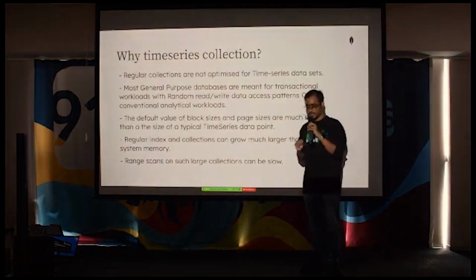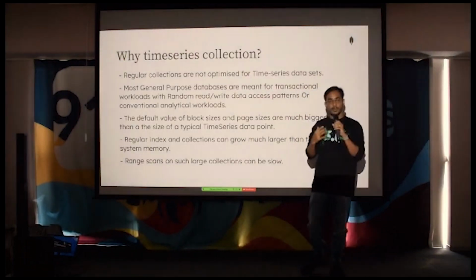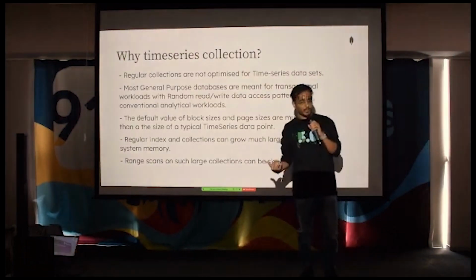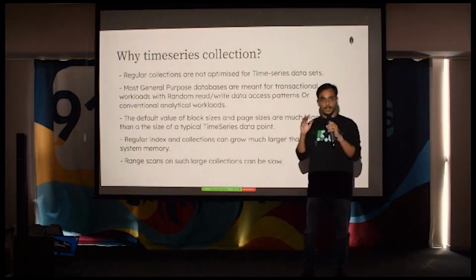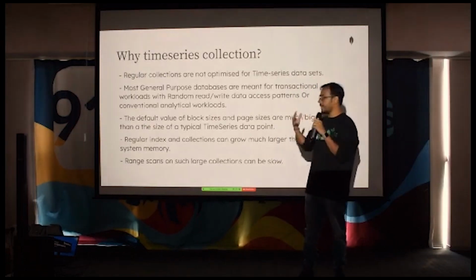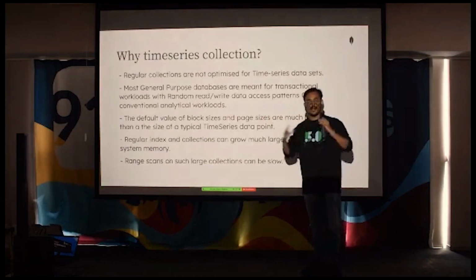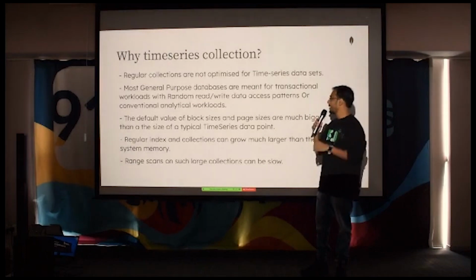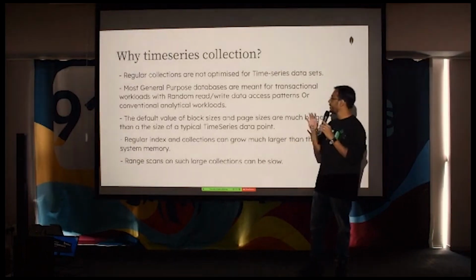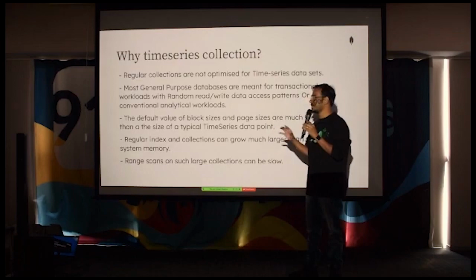In normal collections, not only in MongoDB but in all databases, handling this time series data when it grows larger will be very difficult, and that's the reason we need special time series collections.